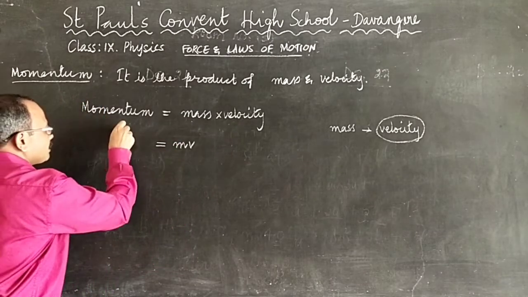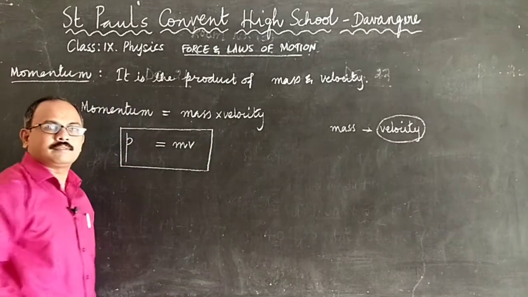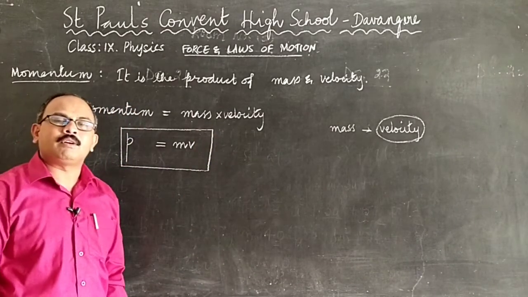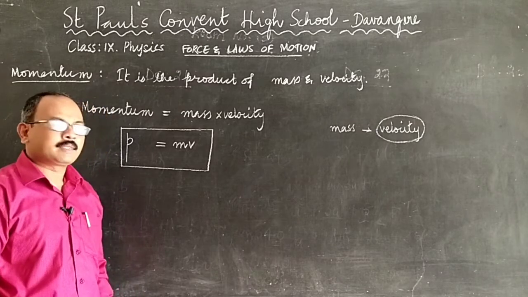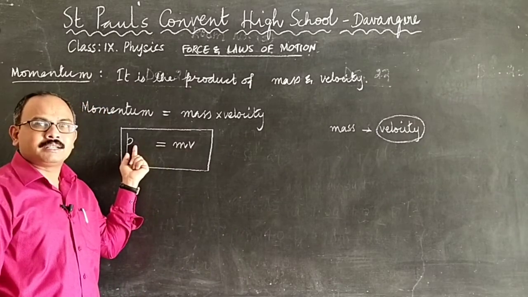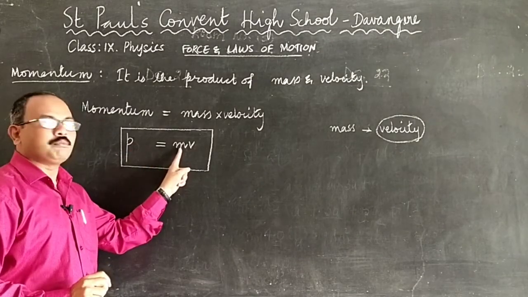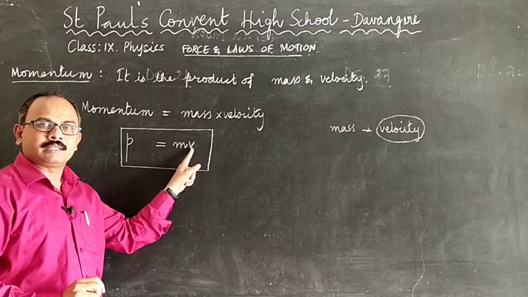This is the formula to calculate the momentum of an object. Momentum of any object depends on two factors, directly proportional to mass and velocity.